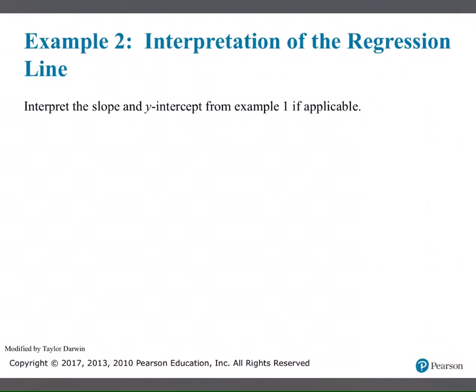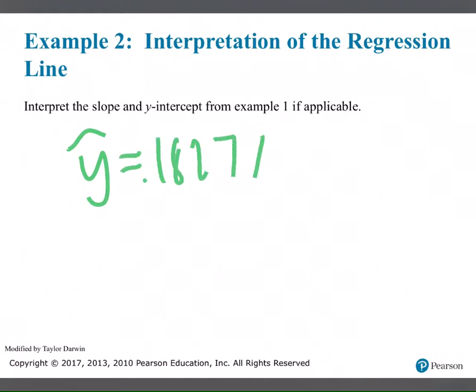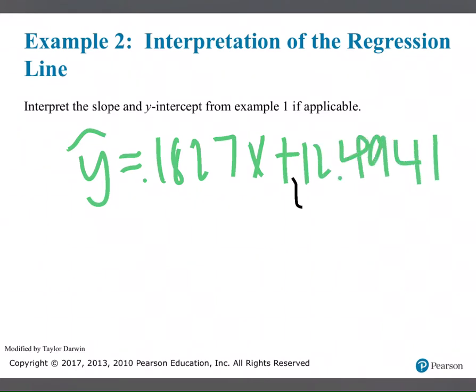I actually did this on the previous slide accidentally, but same thing: plus 12.4941. That 12 number is your y-intercept, and because it doesn't make any sense when x is 0, it is not applicable.